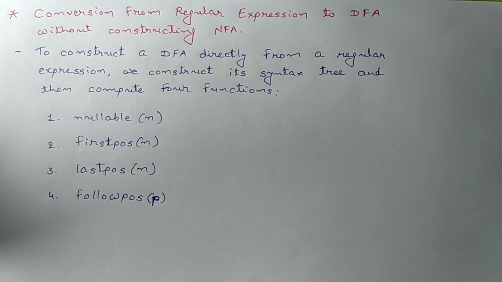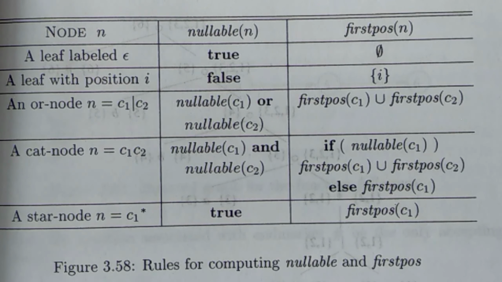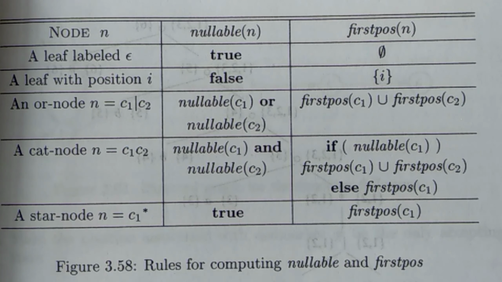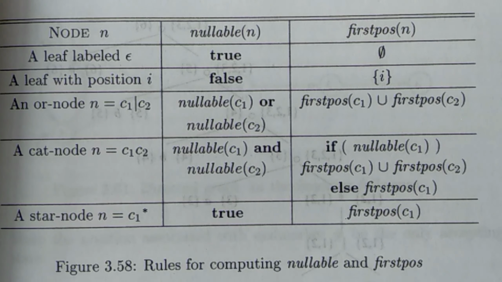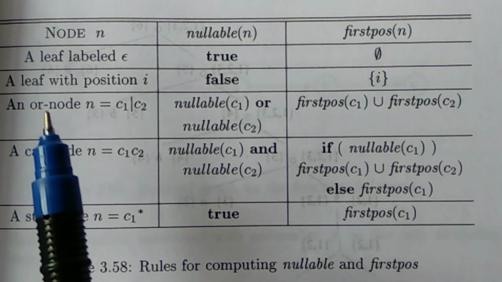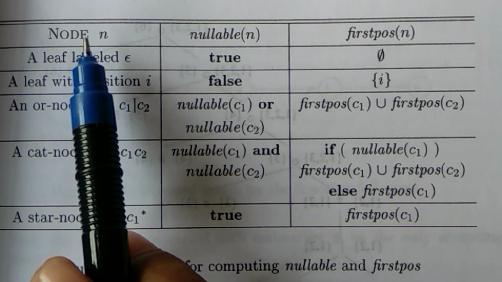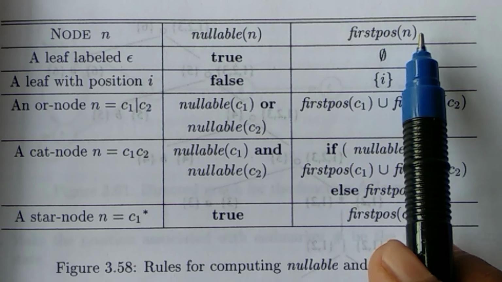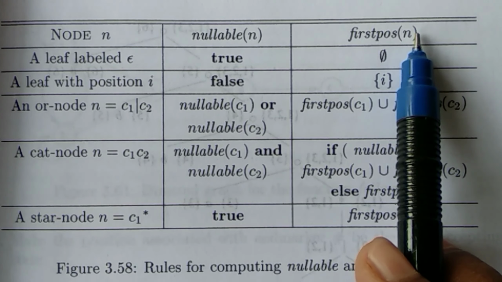We can compute nullable, first position and last position by a straightforward recursion on the height of the tree. The basis and inductive rules for nullable and first position are shown in this figure: node n, nullable of n, and first position of n.